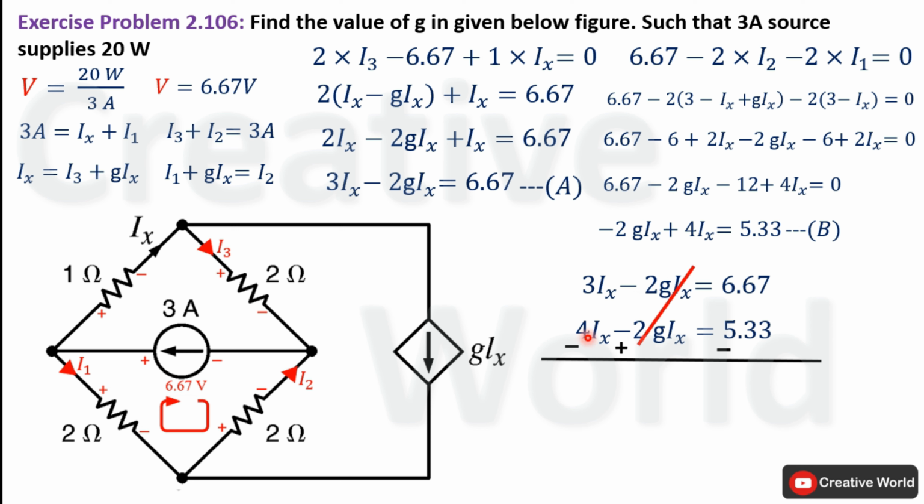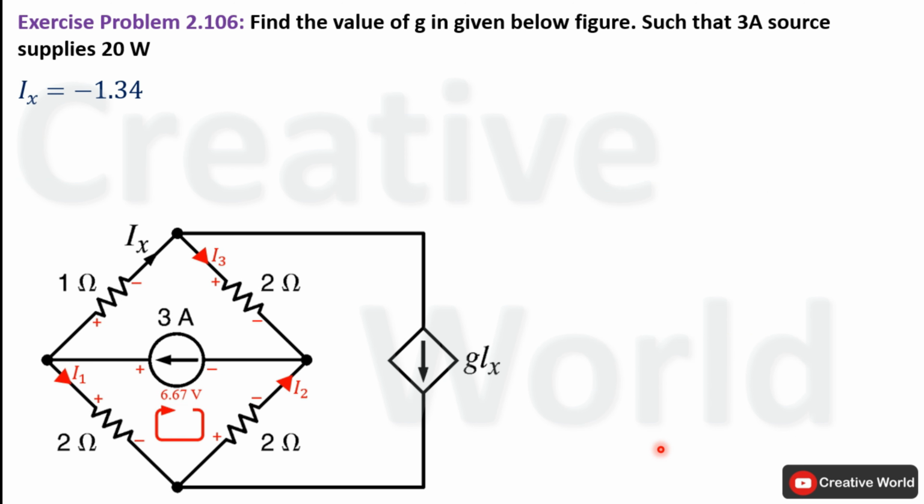Here minus 4Ix plus 3Ix will become minus Ix, and the result of 6.67 minus 5.33 will become 1.34. Now divide on both sides by minus 1 to calculate the value of Ix, that will become minus 1.34. We have calculated the value of current Ix. Now we will further solve this problem to calculate the value of G.